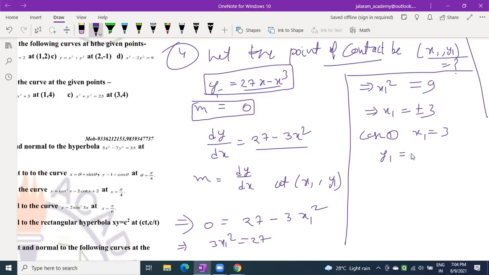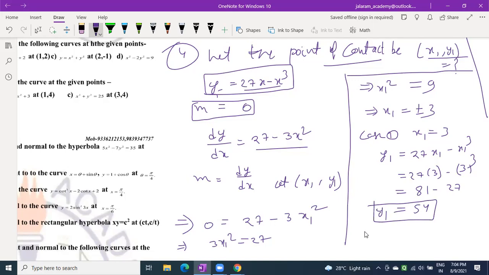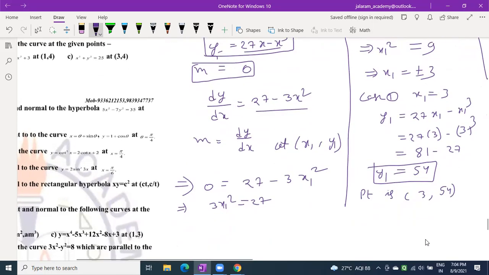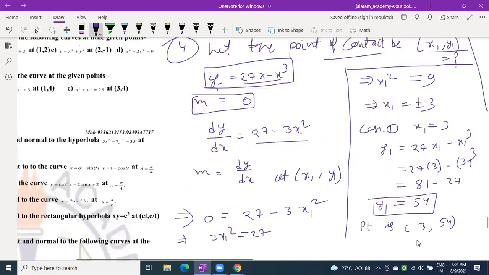So y1 equals 27x1 minus x1 cube, that is 27 into 3 minus 3 cube. So 81 minus 27, that is 54. So the point of contact is (3, 54), at which the gradient is 0.